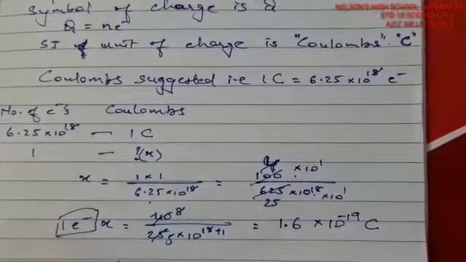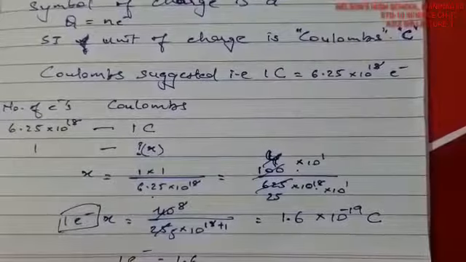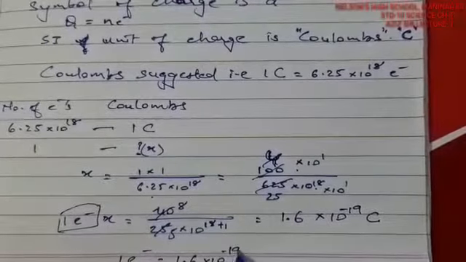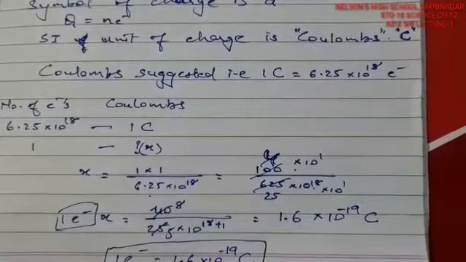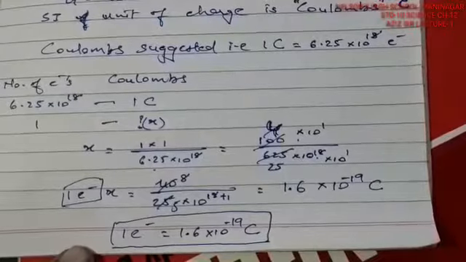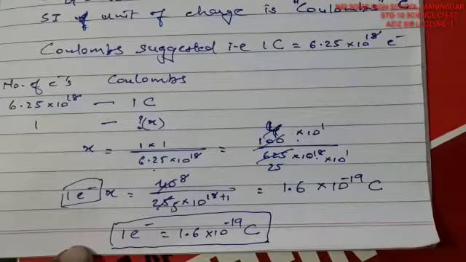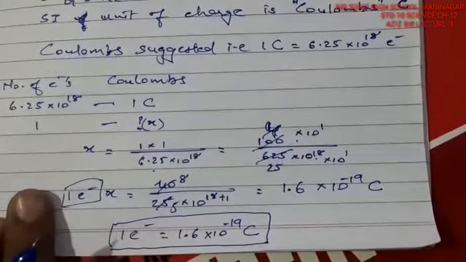So one electron in terms of coulombs is 1.6 into 10 raised to minus 19 coulombs. This is how Coulomb calculated the value of one electron and showed it to us.